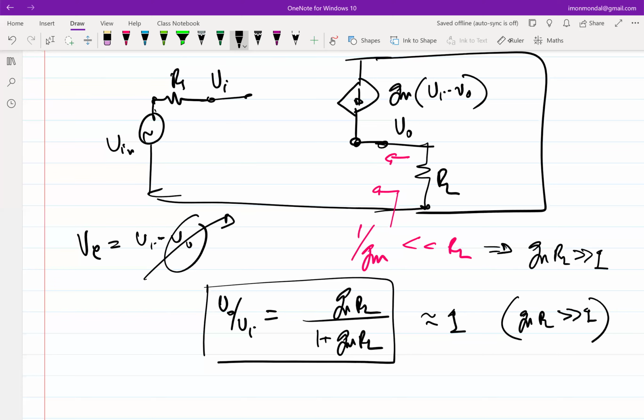I'll answer that question also, but let me complete the thought process. If I use the same example of riding a cycle, this is equivalent to wanting V naught to track VI.